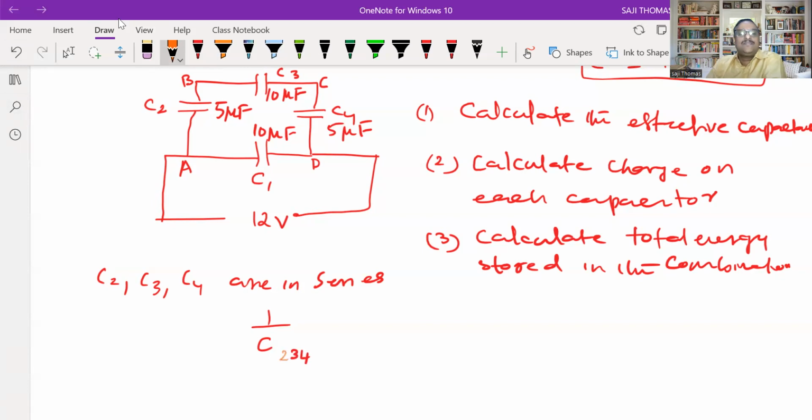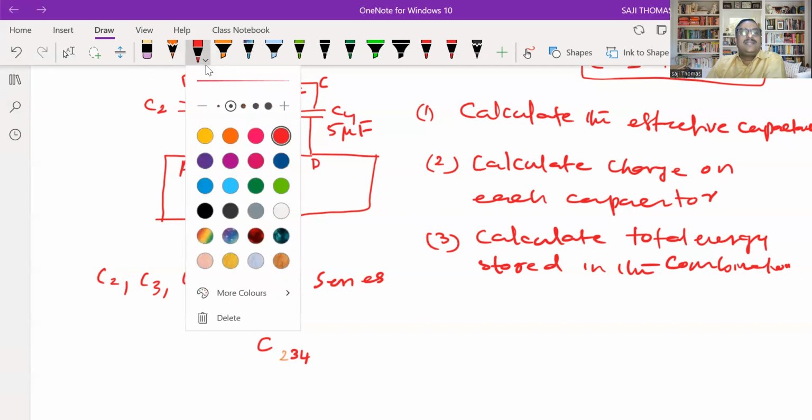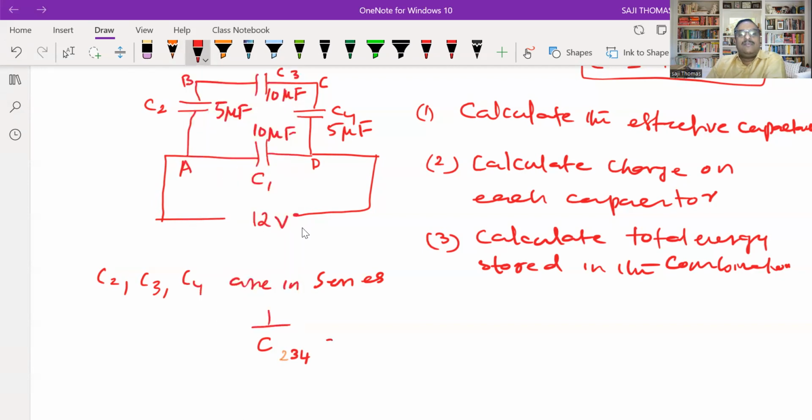What is the equation? Series we learned. 1 by C2 plus 1 by C3 plus 1 by C4.